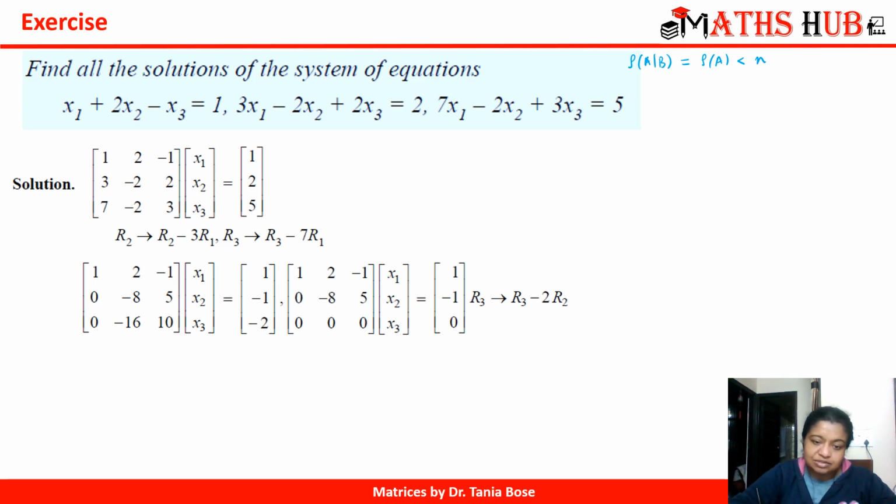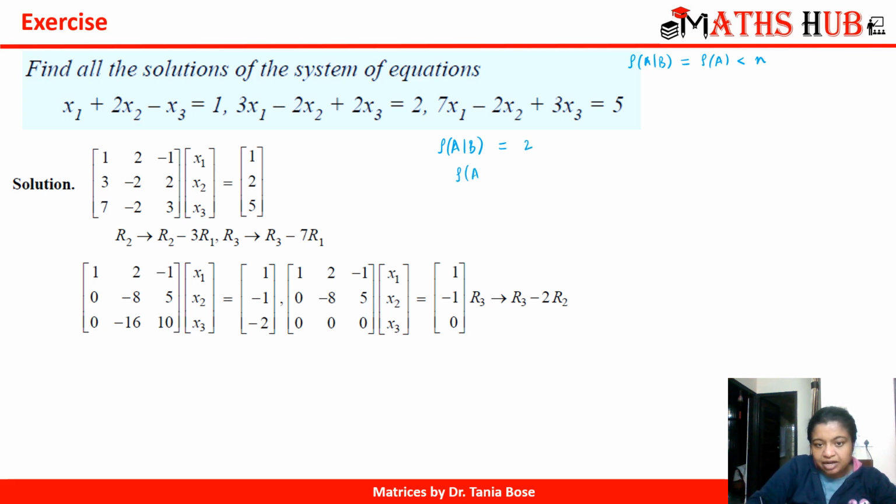So we apply the transformation R3 = R3 - 2R2. When we apply this transformation, we get the matrix [1, 2, -1; 0, -8, 5; 0, 0, 0] times [x1, x2, x3] equal to [1, -1, 1]. If you check the rank of A augmented B, you'll find that since there is a complete zero row, it is 2.